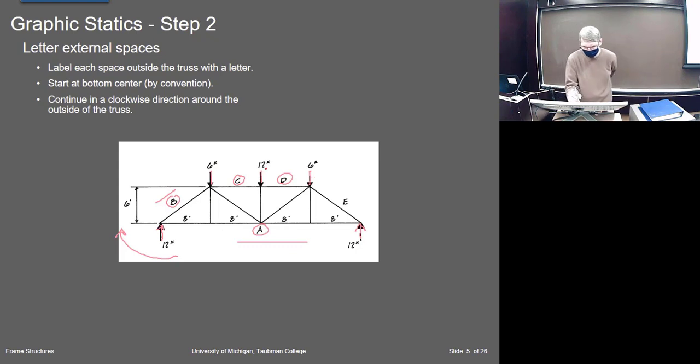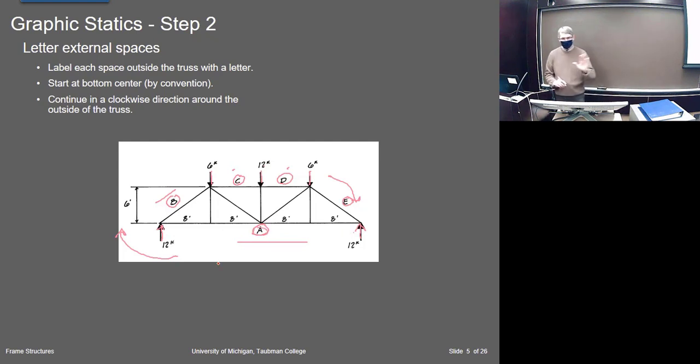Like if that top force 12 were not there, then there'd only be one space on top, not two. But because it's there, there's a space there and a space there, and then this becomes another space, E. And then you can see on the bottom there are no loads on the bottom chord between the supports, so that's all just one big space.